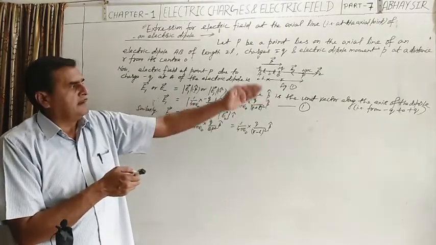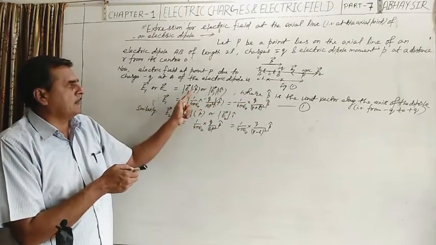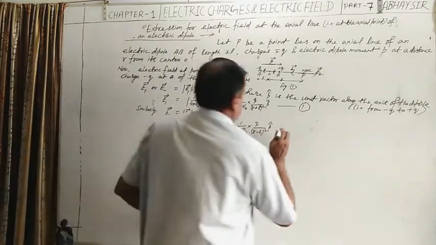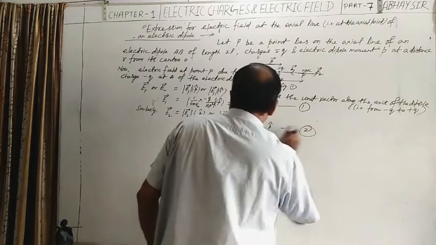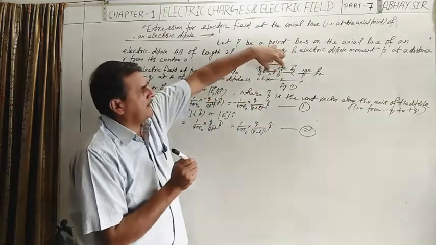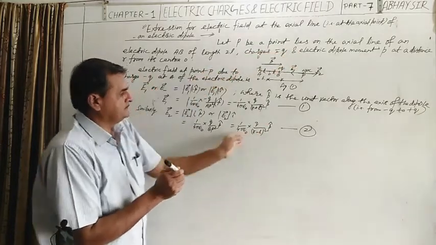So it is taken as minus P. This is 2. This distance BP is OP minus OP, that is R minus L square.